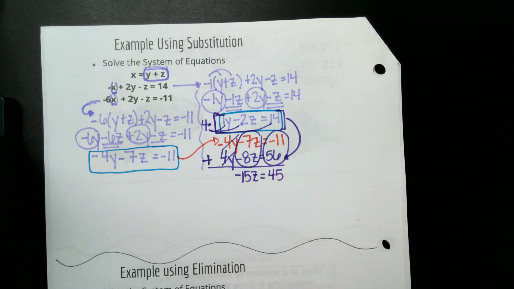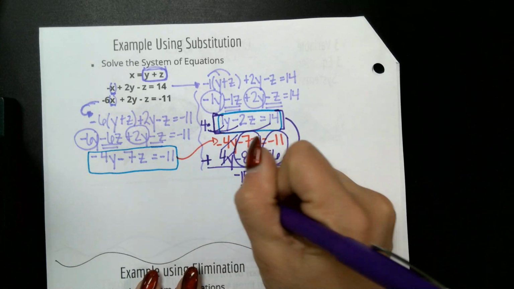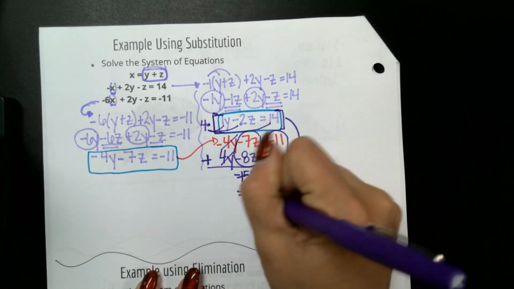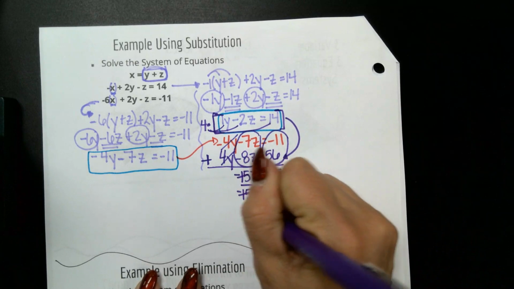You got a negative and a positive. It's 45. Now we can divide, and we'll have z. Yep.